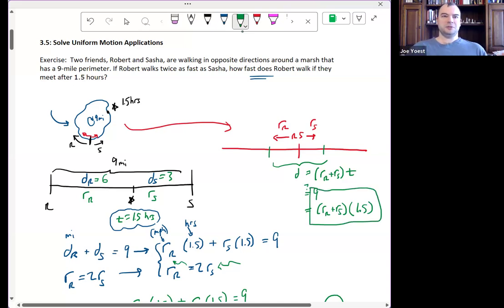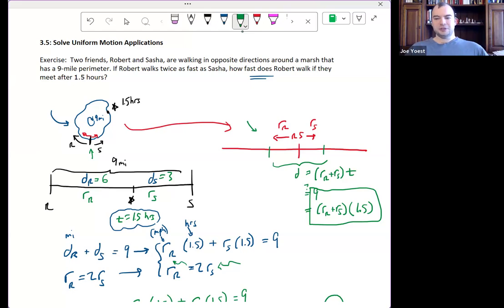So their combined speed, if I add their two speeds together, this would be like them walking back to back. This schematic is a little closer in some respects to the original problem.